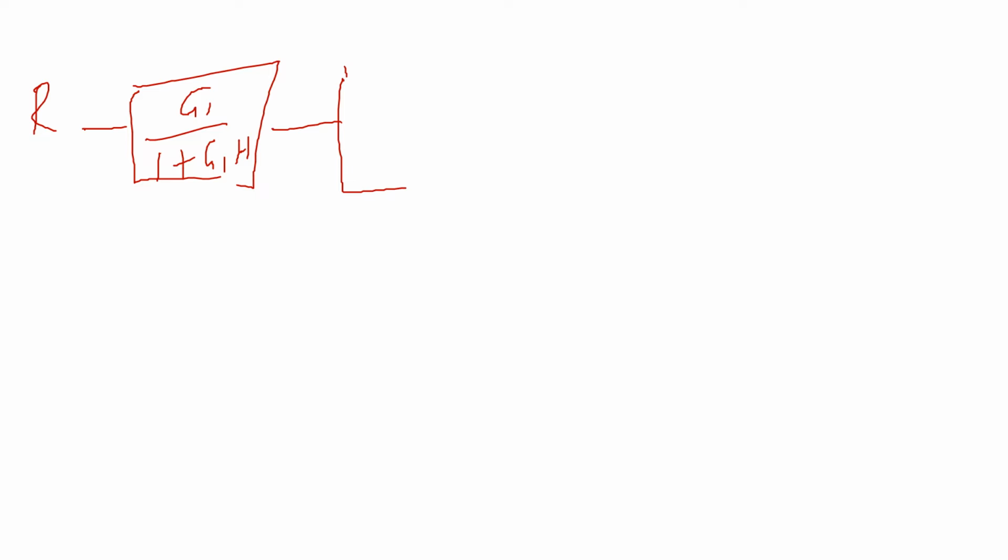So how will the diagram look now? I am going to apply the parallel connection formula and reduce this as a single block. There were two blocks, and they have been changed into a single block.